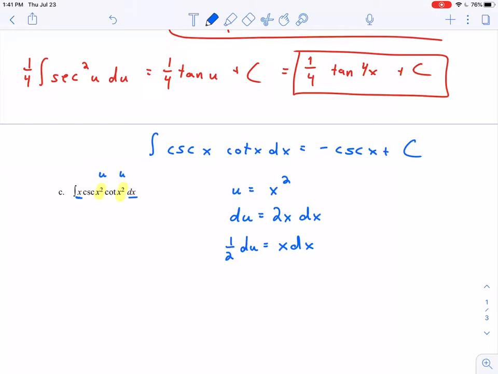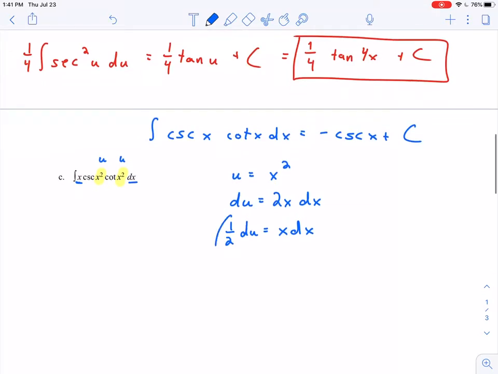So let's see if we can do our substitution. The 1/2 I'm going to factor out right away. 1/2 times the integral. I should have cosecant u times cotangent u du. And now I say, hey, this antiderivative looks exactly like this, except I'm using u instead of x.